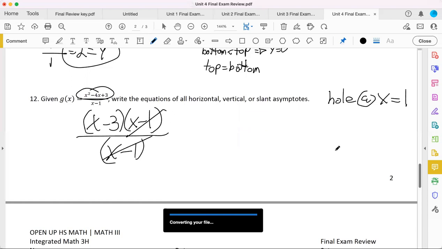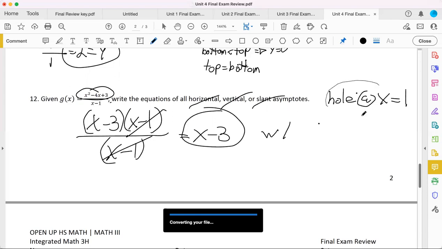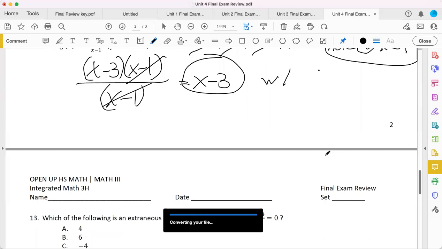I mean, this all simplifies, so I don't even think there's a slant asymptote. There's none of these because this simplifies to just a linear x minus 3 with a hole at x equals 1. So this doesn't have the horizontal, vertical, or slant. It's just the hole at 1.